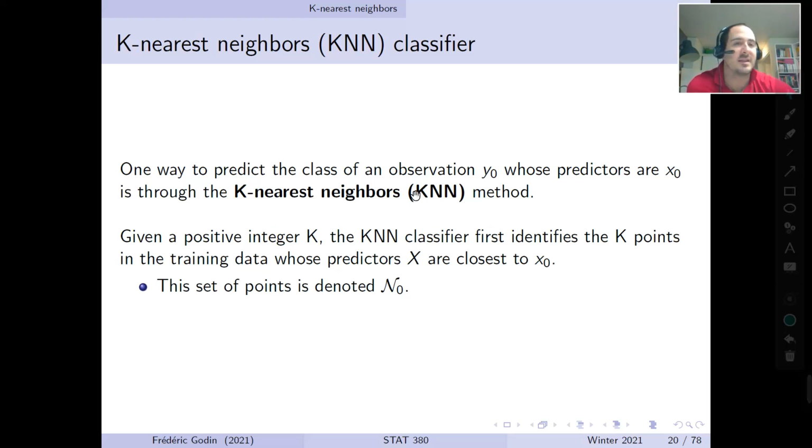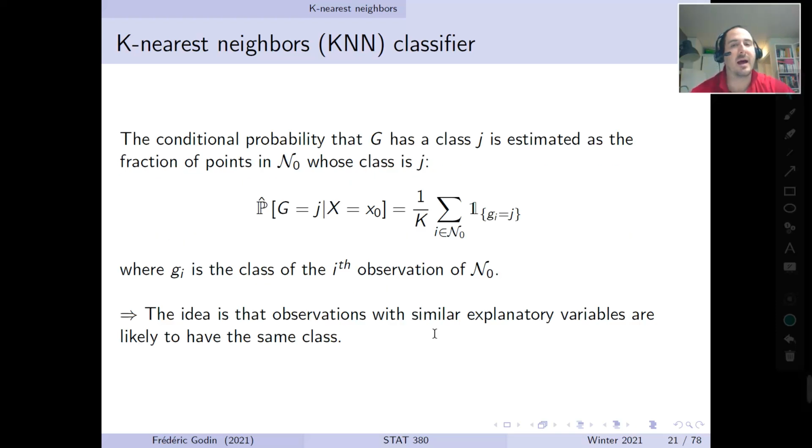In the K-nearest neighbours method, once we fix the integer k, the KNN classifier picks the k nearest neighbors of this new observation. The k nearest neighbors are the set of all data points in our training data whose predictors x are closest to x0. This set of points is denoted by N0. I could have added the superscript k here to show that the set of neighbors depends on the integer k.